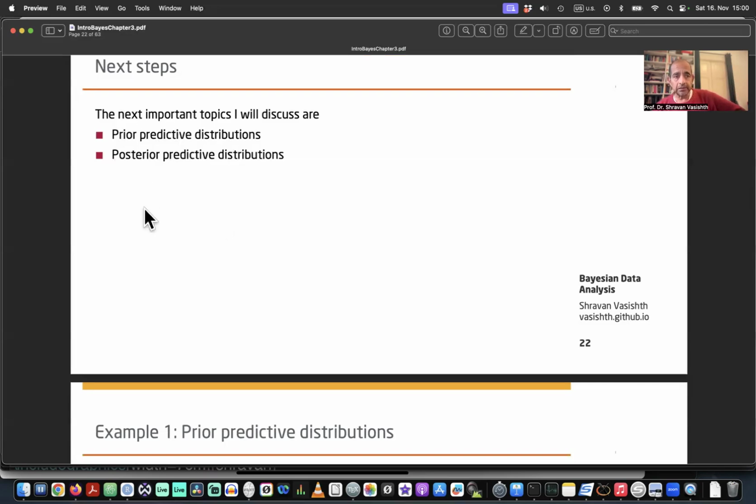So these two kinds of data distributions that we can generate are very important for model validation, right? They help us understand whether the model makes sense at all. The prior predictive simulated data that we'll produce will help us understand whether the priors that we specified make any sense at all.